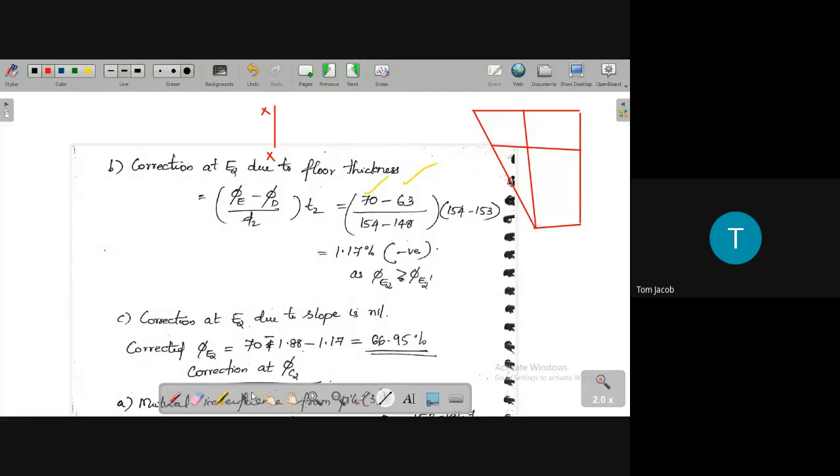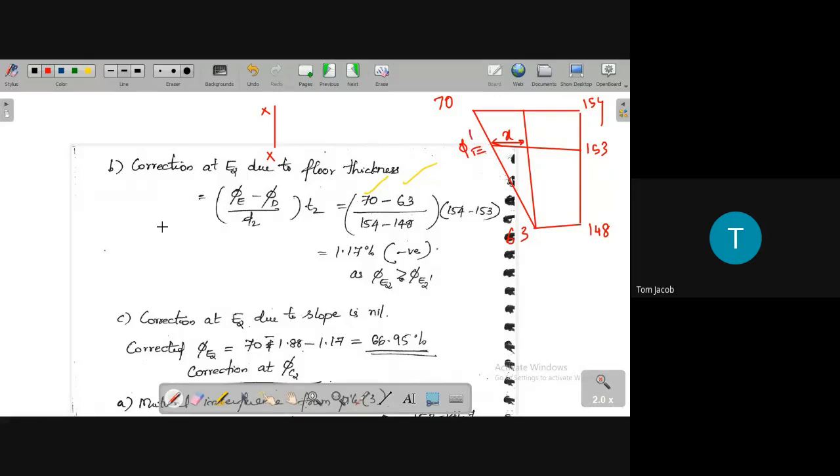Now let us see. This is 70. This is 63. So you have to find out this value x, and this is 154, this is 153, and this is 148. So for the level, you need to find out the value here, that is phi E dash.